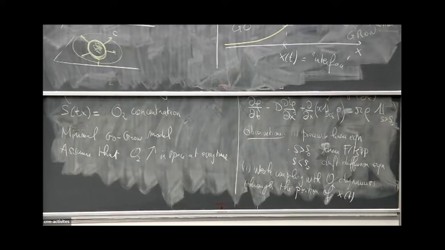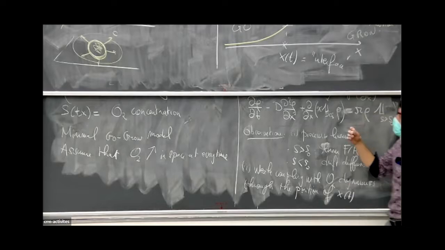So it's a very weak coupling because it's coupling only through a number, the position of an interface. And actually, it's so weak that I will not even write the equation for the oxygen dynamics.